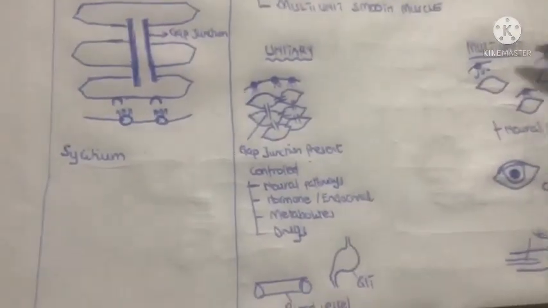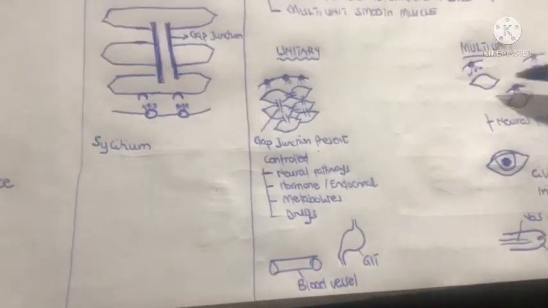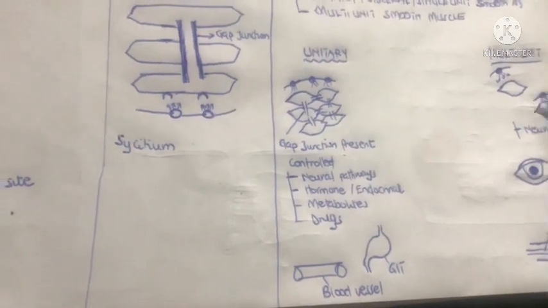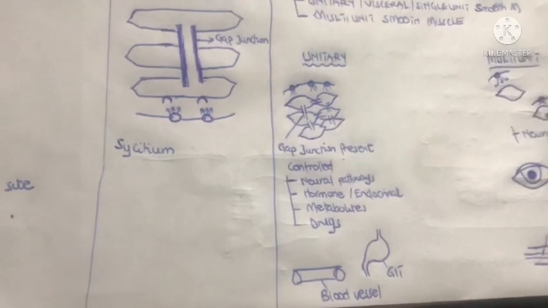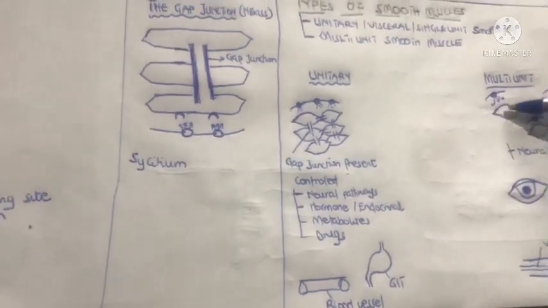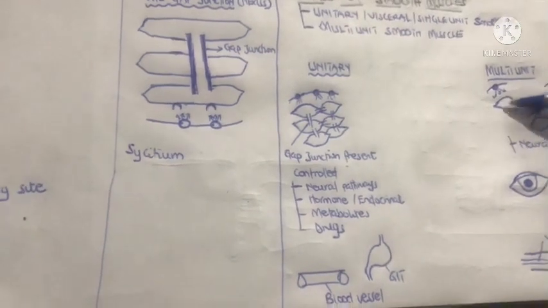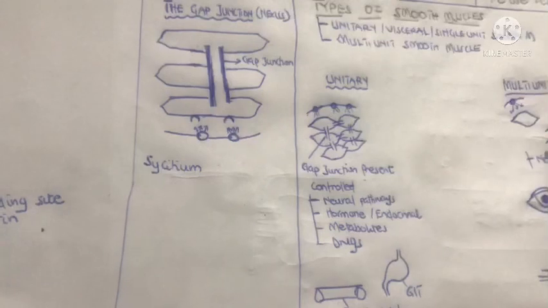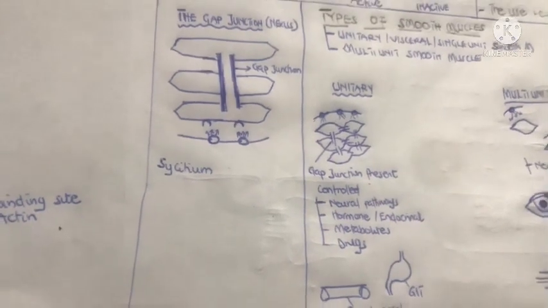Let's look at the multi-unit. For the multi-unit, the muscle cells in there don't have gap junctions, so they are not being linked. So when one smooth muscle is stimulated, the action potential generated in that smooth muscle cannot be conducted to the other smooth muscle, so they contract independently.